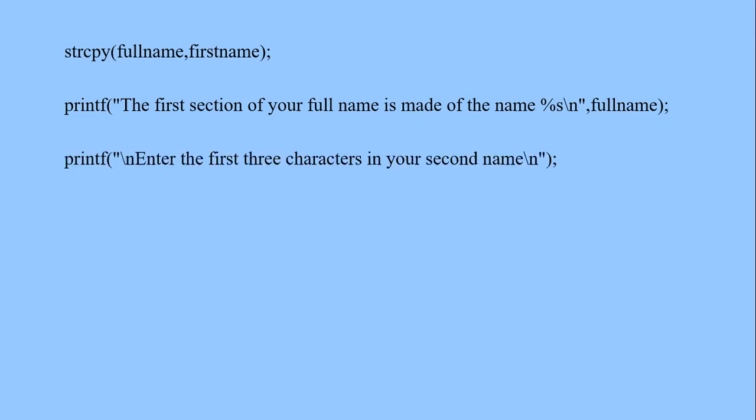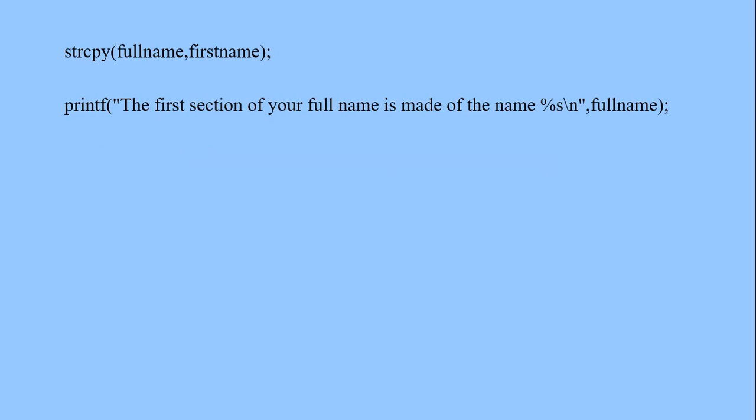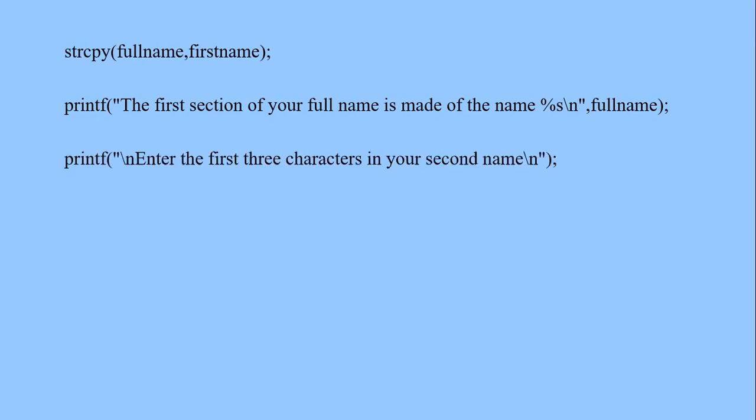Then this other statement will be dropped one line below. And then the message, enter the first 3 characters in your second name, will be displayed, and then you enter your first 3 characters.